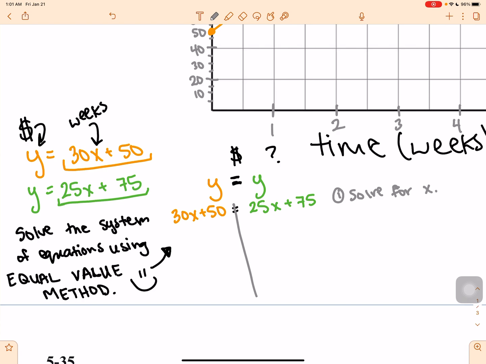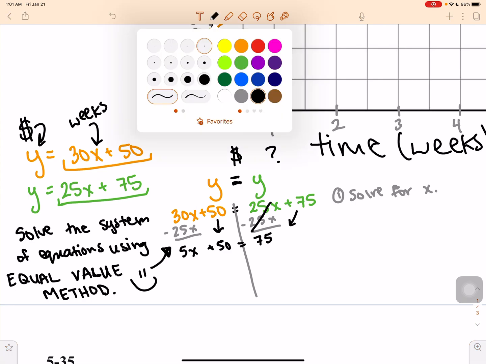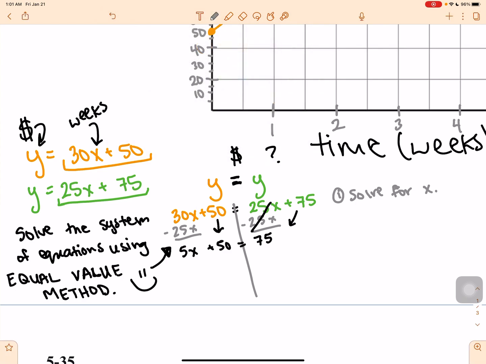So what I'll do is I'm going to subtract 25x from both sides to move my x's over to the left. So I end up with 5x plus 50 equals 75. So it's just solving for x, just like normal. This is why I taught you guys it so much, because now we're using it to find other things.